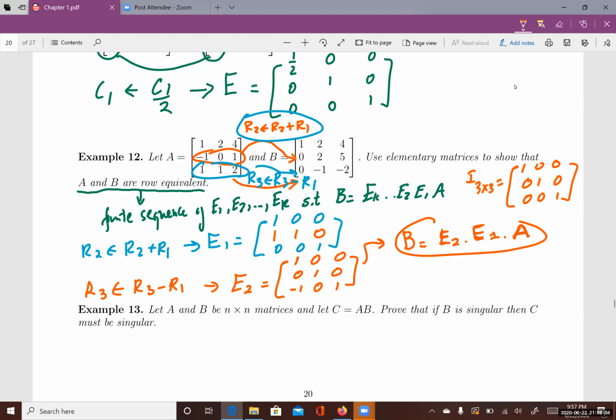So I just show that A and B are row equivalent. And again, if you look at these two row operations, they are operated independently, right?